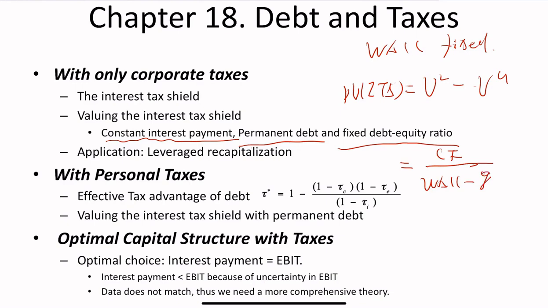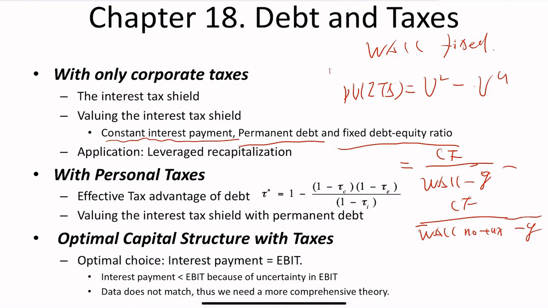Now, how do you find out the firm's unlevered value? Well, it's pretty much corporate finance. So you will use the firm's cash flow divided by WACC without tax, right? So let's call this WACC no tax, and minus g.